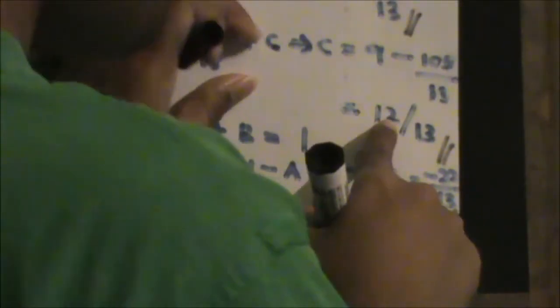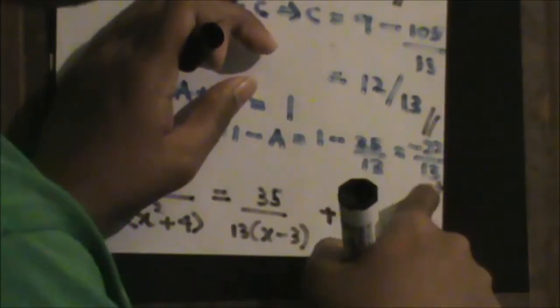C we found to be 12 by 13, B is minus 22 by 13. So I can write this as 12 minus 22x over 13 times x squared plus 4.